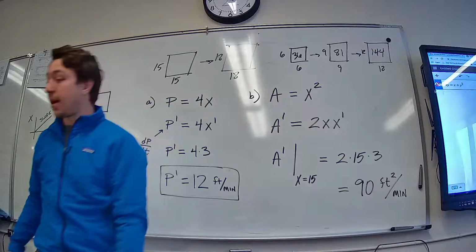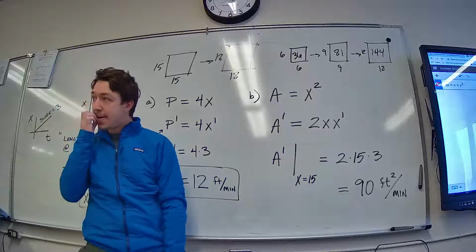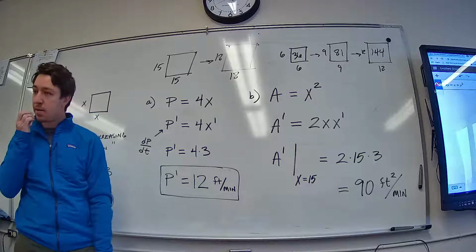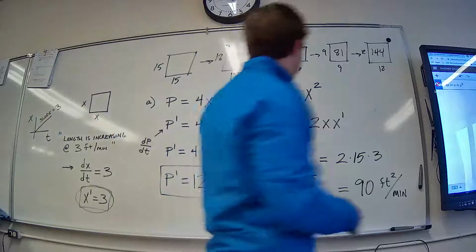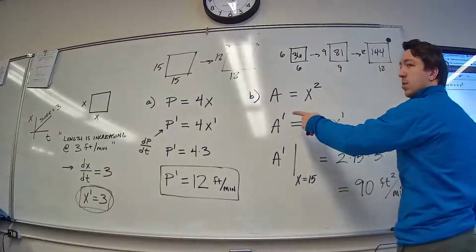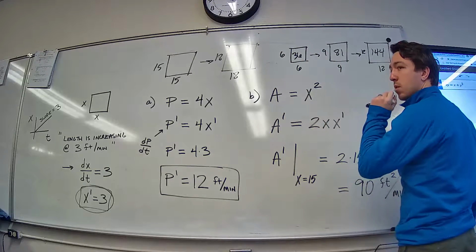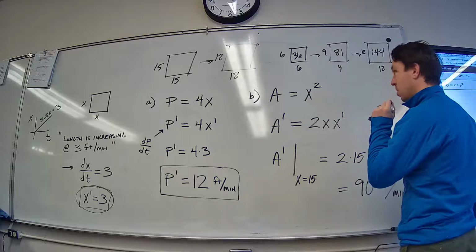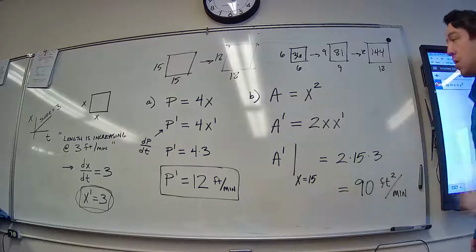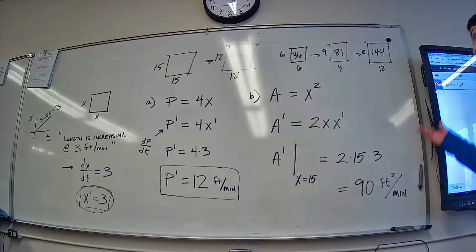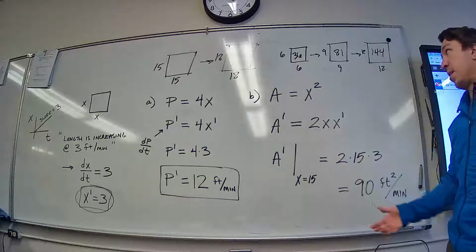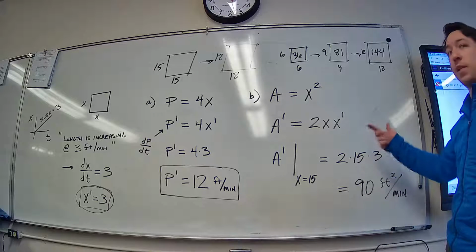Can you take the derivative of the area equation to find the rate of change? Yeah, that's what we're doing here. Then what would it be if you took it again? The second derivative of A would be the rate of change of the rate of change.